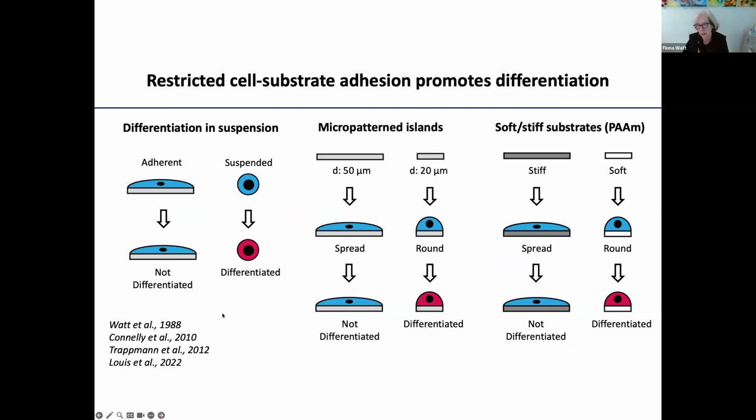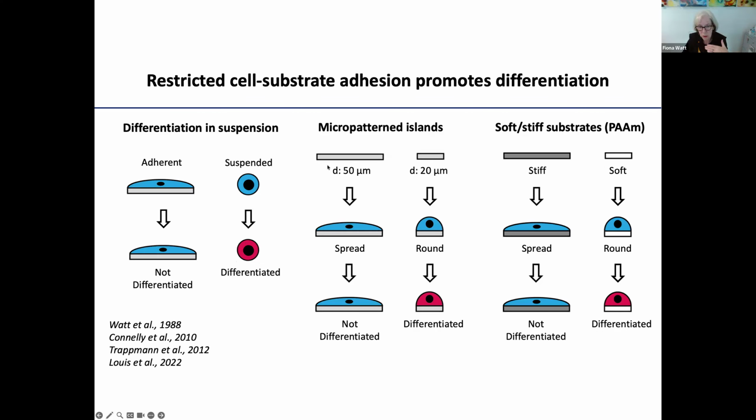So, over the years, a large number of experiments from multiple labs have shown that one strong stimulus for the cells to differentiate is if you prevent them from spreading. So, you can do that by disaggregating the cells and holding them in a viscous medium for 12 hours, then the suspended cells differentiate. You can capture cells on circular micropatterned islands.